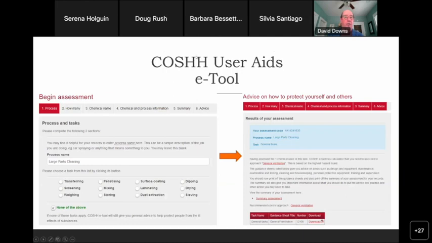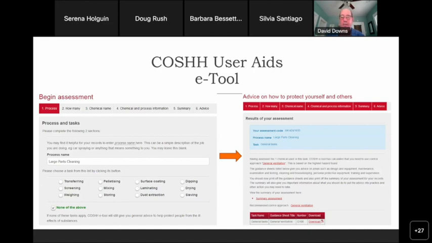They do have an e-tool, and I'm not going to go into that in great detail, but it allows you to come up with a name for a process, and it goes through a number of different steps. But ultimately, it's going to come up with a general recommendation and so forth. You can see on the bottom portion of the right-hand side here, the recommended control approach is general ventilation in the example that we used here.